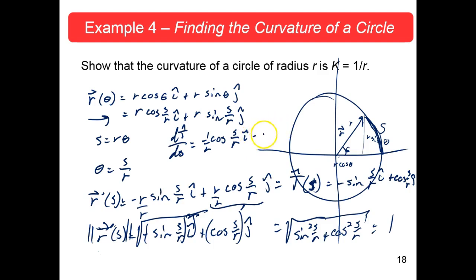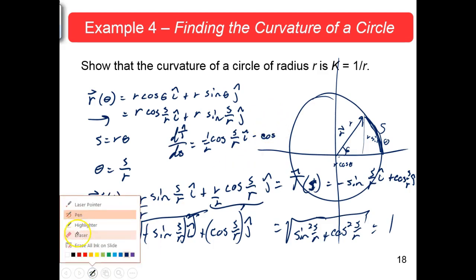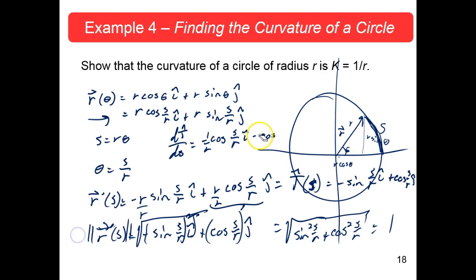Minus cosine, no, it's the derivative of cosine, which is sine, okay? Minus sine, because that was a plus there. And it'd be minus sine of s over r j, but then you have the chain rule, another 1 over r in front.